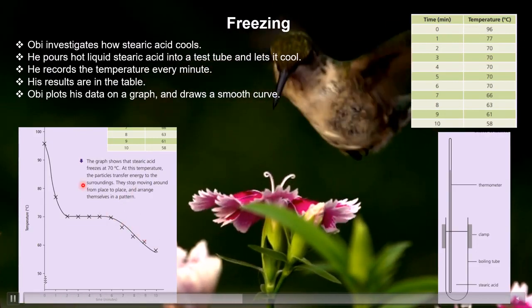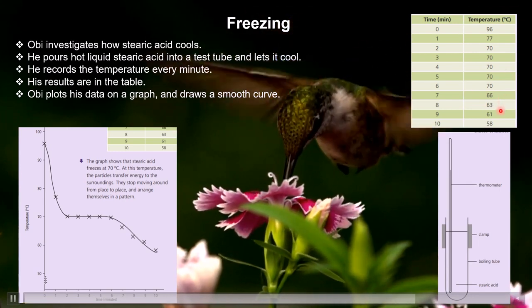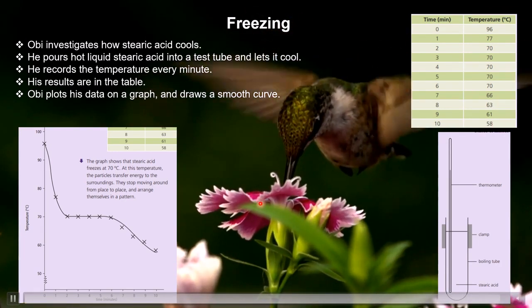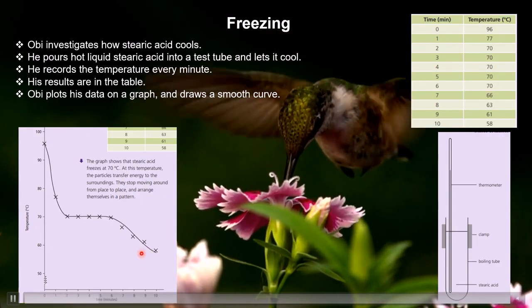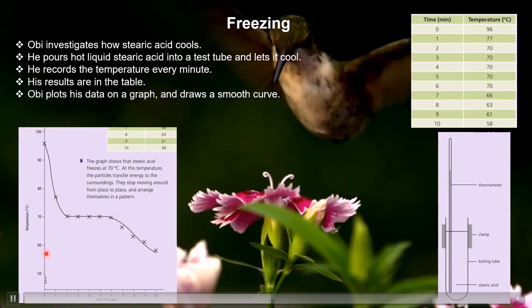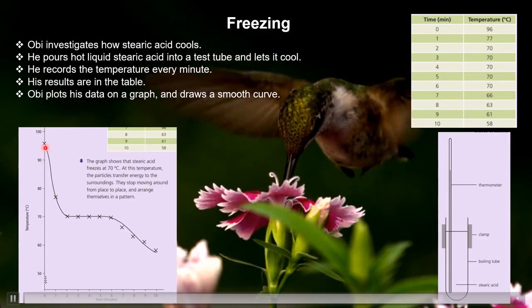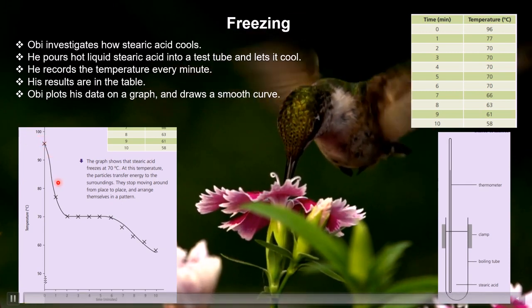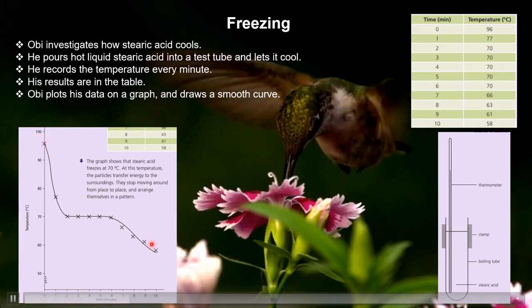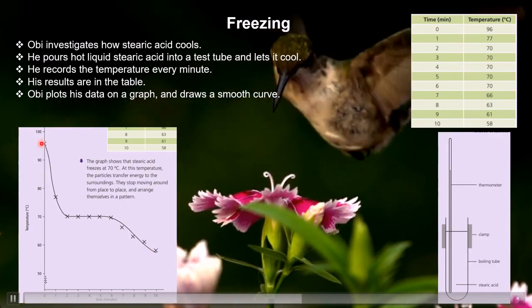After 70, it goes to 66, then 63, then 61, and then 58. So 58 is the last point, which comes approximately over here. So it started from above and then it went down and down, right? From 96 it went to 58.